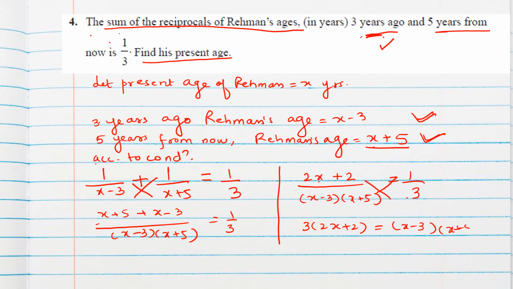3 into 2x plus 2 is equal to x minus 3 times x plus 5. Now we will open the right hand side bracket to get the quadratic equation. So we got our equation: 3 into 2x plus 2 equals x minus 3 times x plus 5. So 3 into 2 is 6x plus 6.